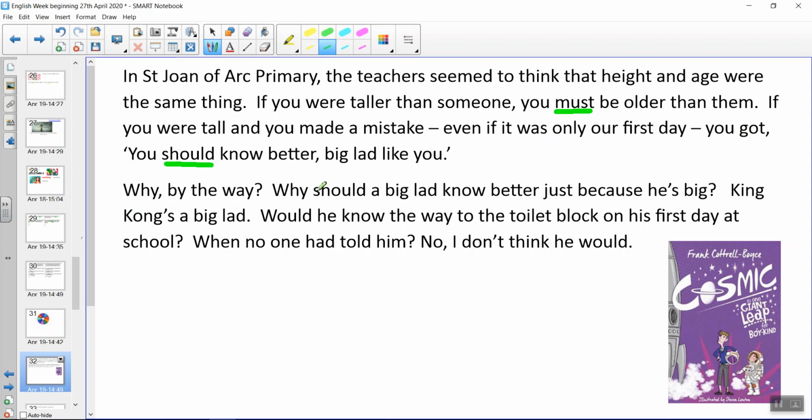Why, by the way, why should a big lad know better just because he's big? King Kong's a big lad. Would he know the way to the toilet block on his first day at school when no one had told him? No, I don't think he would. Did you get them all? I hope you did.